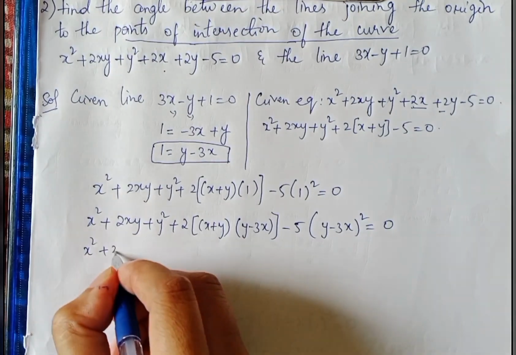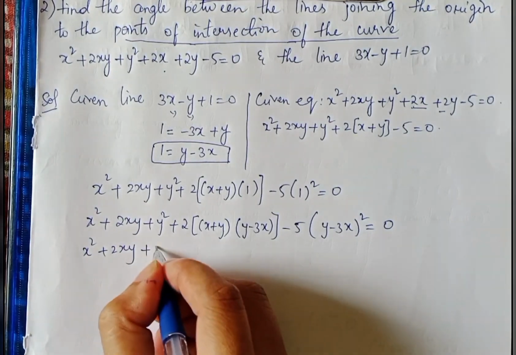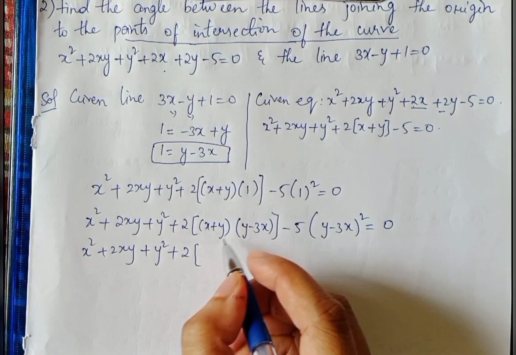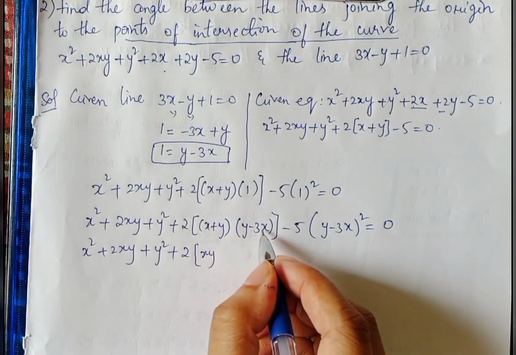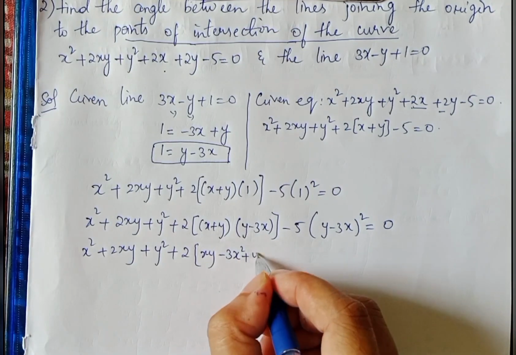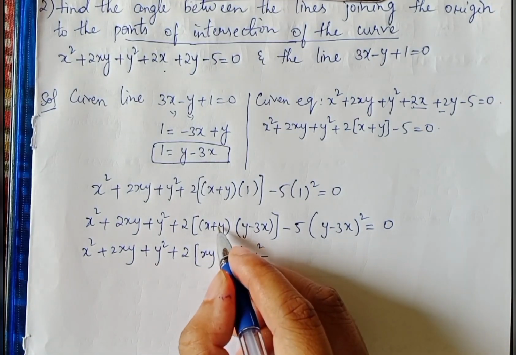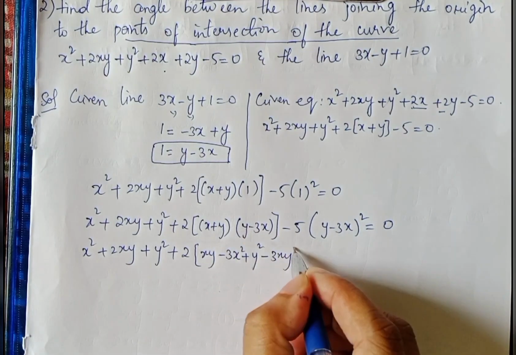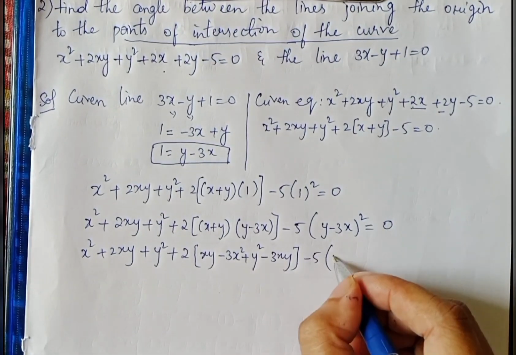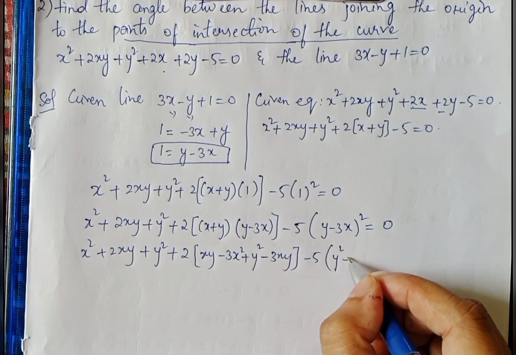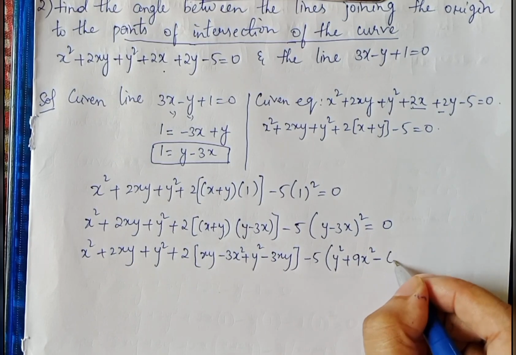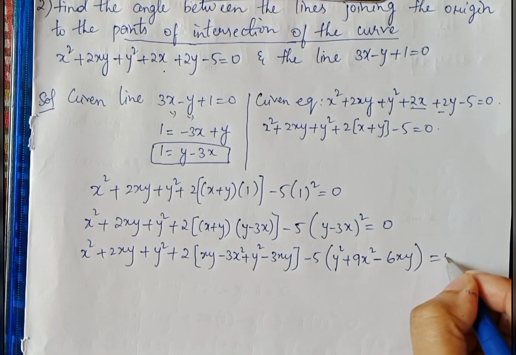x square plus 2xy plus y square plus 2 into multiplication: x into y, xy, x into minus 3x is minus 3x square, plus y into y, y square, minus 3xy, minus 5 into a minus b whole square. So it is y square plus 3 3s are 9, 9x square minus 2 3s are 6, 6xy equals 0.